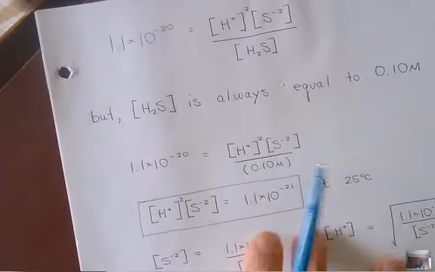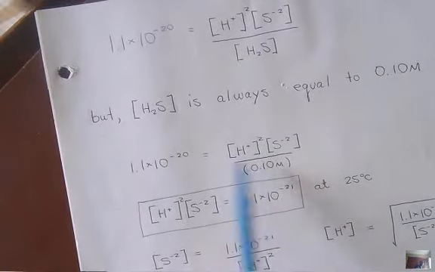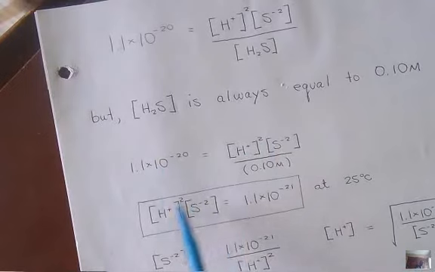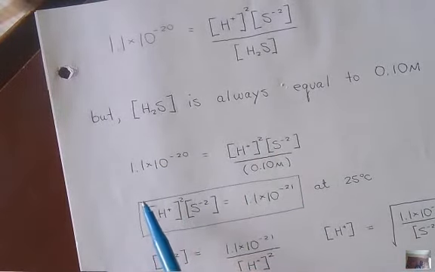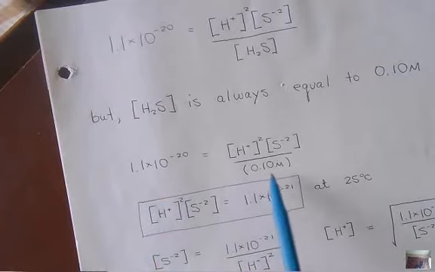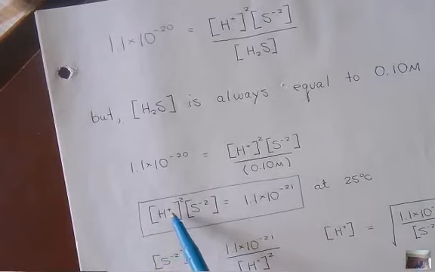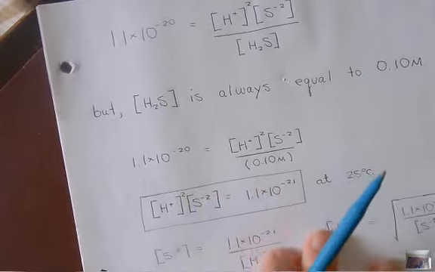Rearrange this, bring this 0.1 up here, and you'll get, as long as you keep bubbling the hydrogen sulfide through water at 25 degrees, at the water treatment plant, the hydrogen ion concentration squared times the sulfide ion concentration will always be equal to this number.